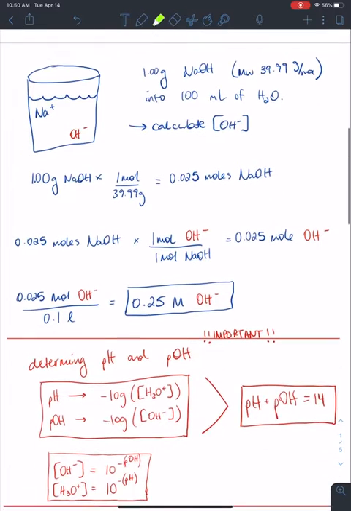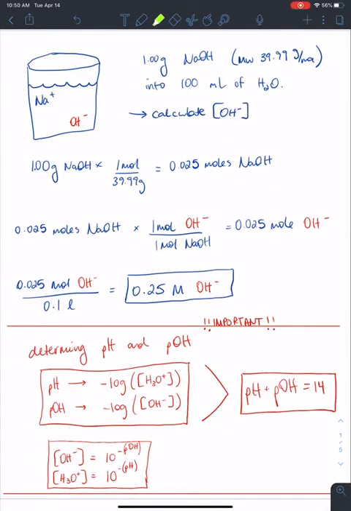So let's do an example. Say that we're adding 1 gram of sodium hydroxide, with a molecular weight of 39.99 grams per mole, into 100 milliliters of water. Calculate the concentration of hydroxide ions present in the water.